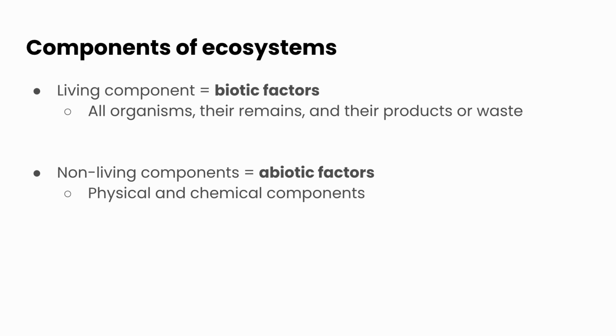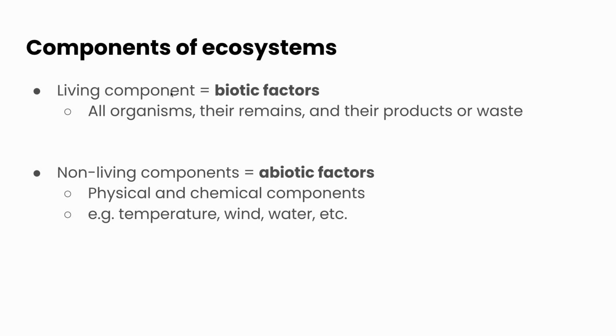Chemical means that chemicals are a part of it or there are reactions taking place. So those are just some basic definitions. These are things like temperature, wind, water, etc. Those are all non-living components.